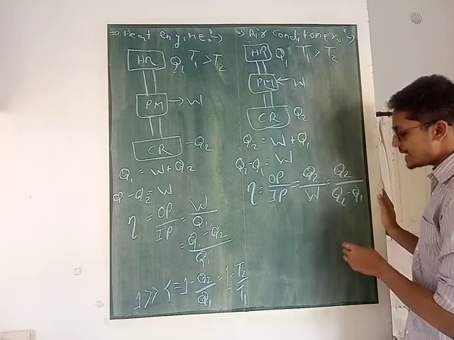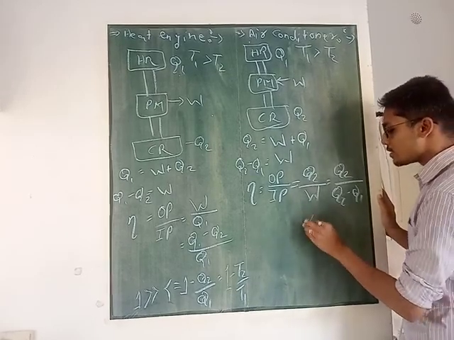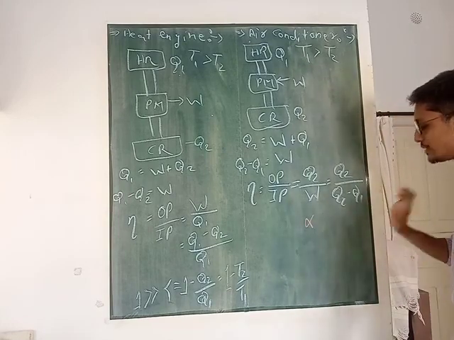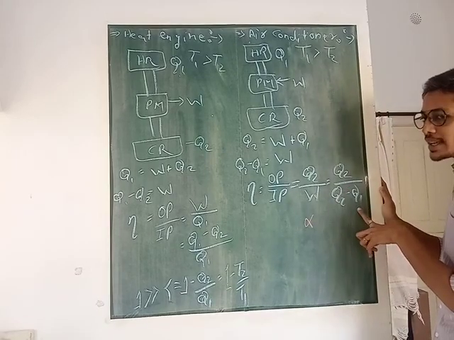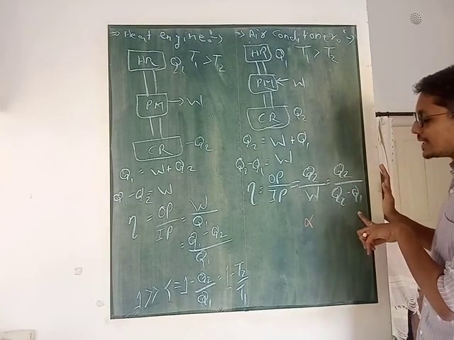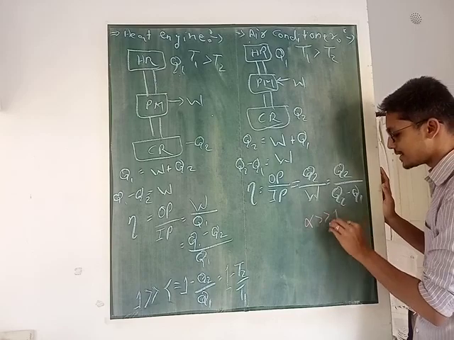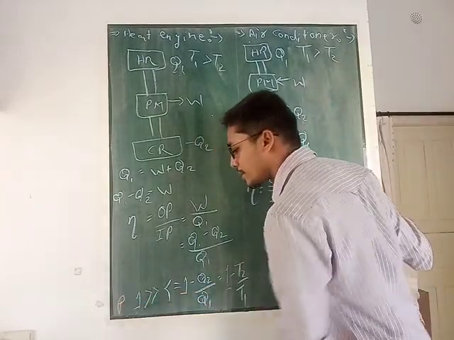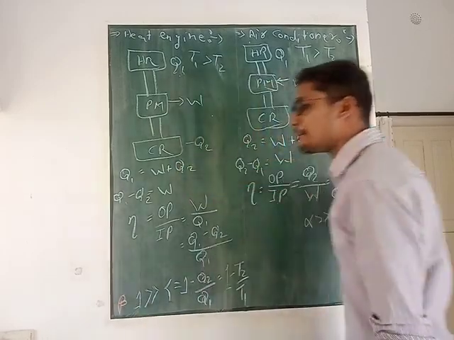Now you can see that the coefficient is denoted by alpha. The coefficient of efficiency is denoted by alpha. Now, Q2 minus Q1: by putting both of the values, you can see that alpha is always greater than 1. Less than 1 is called the coefficient of performance, which is denoted by beta.